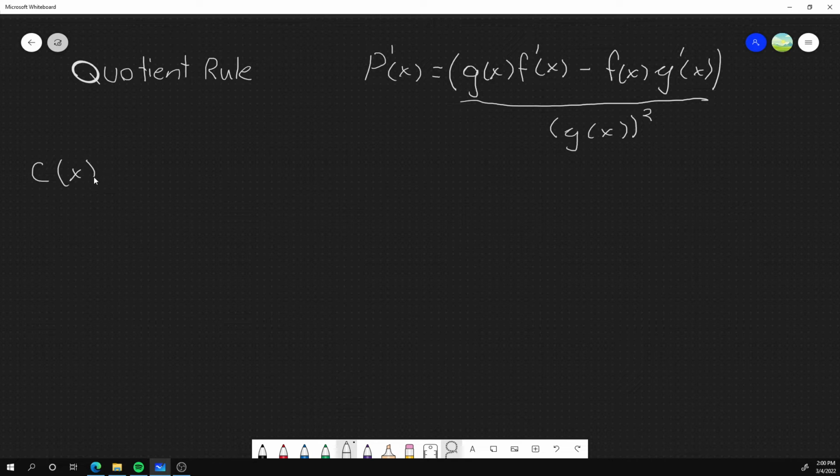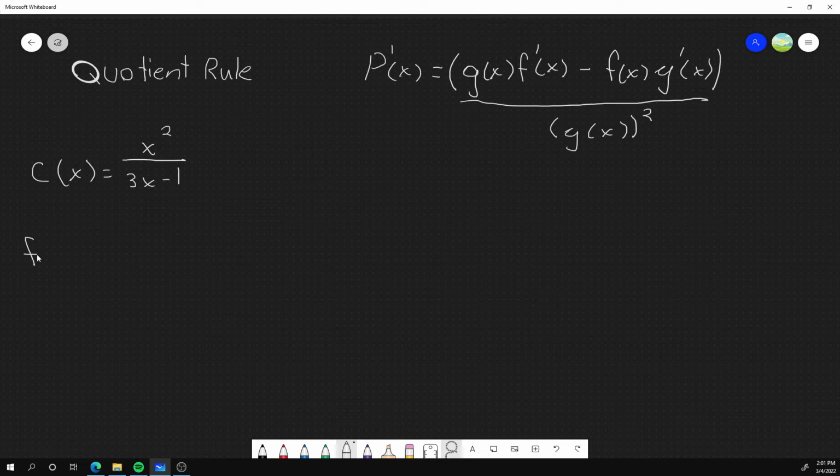C of x is equal to x squared over 3x minus 1. The function in the numerator is referred to as f of x, and the function in the denominator is referred to as g of x.